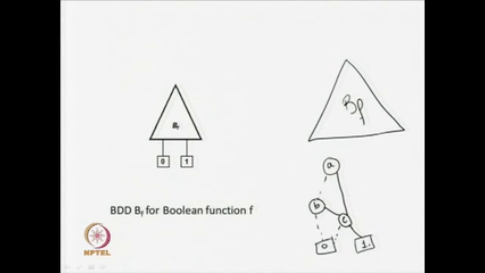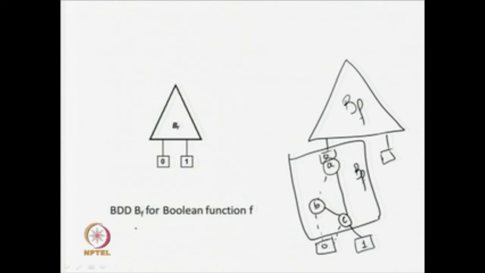So, this is the BDD that we have already seen, a simple BDD. Now, this particular tree we generally represent with the help of this triangle, and we say that this is the BDD for function f, and eventually it has two terminal nodes, either 0 or 1. This is the graph that we have.